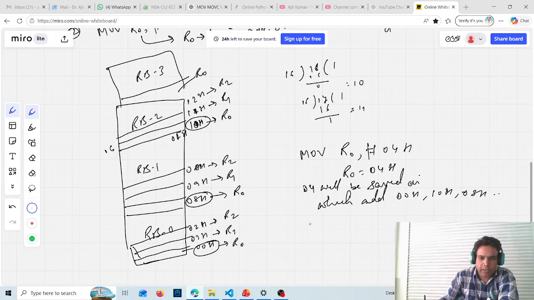Similarly, if I would have written here move R1, comma, let's say #05H, I know that this R1 will be loaded with this constant value 05H. But the question is again, which address? R1 is here also, R1 is here also.